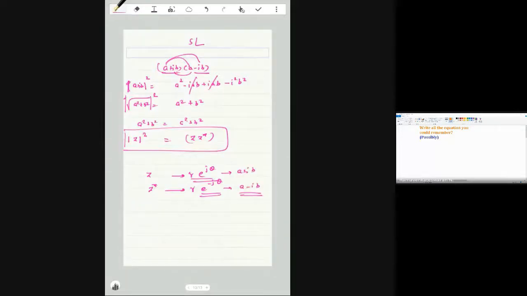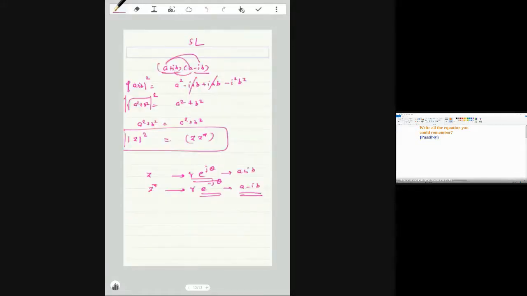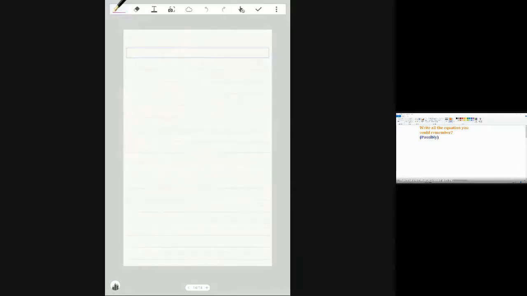Okay, so what I have to do here: take this I of z, write the complex conjugate of this and multiply this. That's it. So when you do that, you check this answer, whether you are getting this. I'm writing the answer from the notes I had. So let us write this: 1 by 2, V naught plus that whole square by Z naught, because Z naught is there in the current.